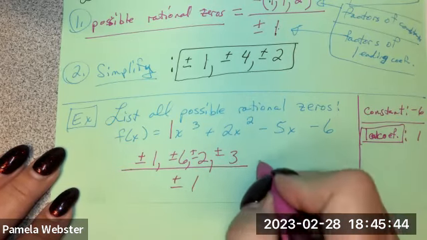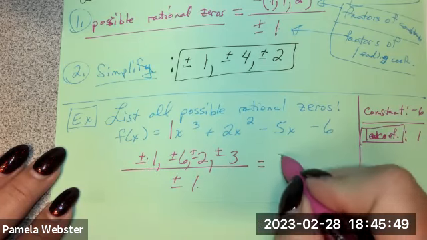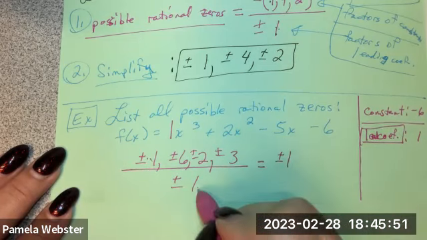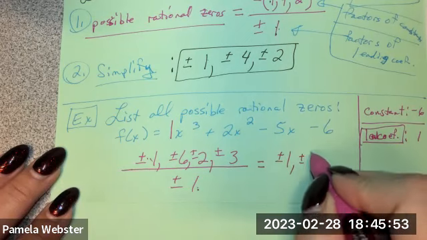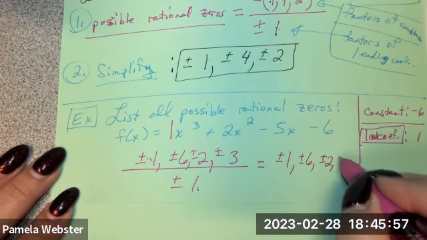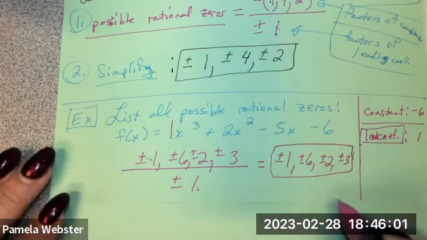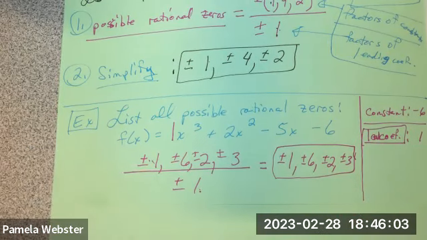Okay, and if I simplify that, I know that all of these things divided by 1 are just that thing. So 1 over 1 is 1, 6 over 1 is 6, 2 over 1 is 2, 3 over 1 is 3, and I have to put the plus or minus in front of each of them because I don't know if I'm dealing with a positive root or a negative root, okay?